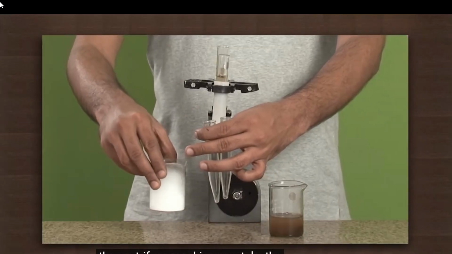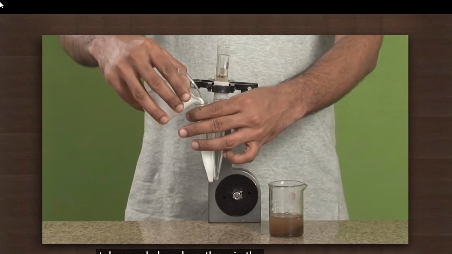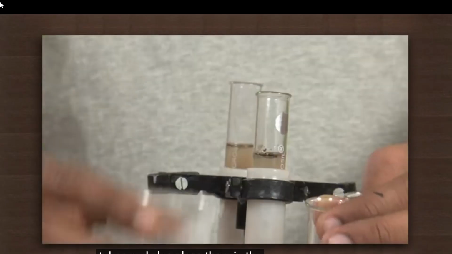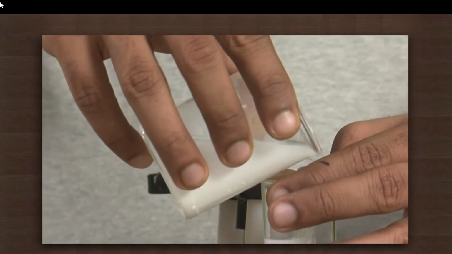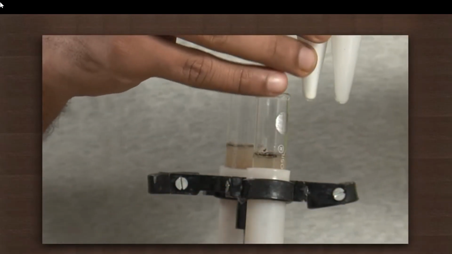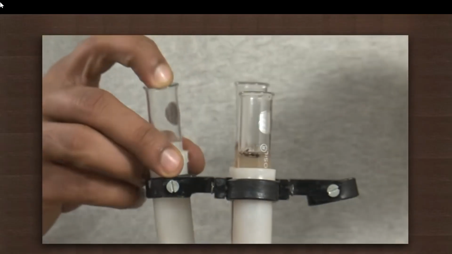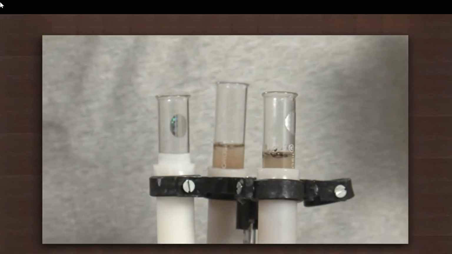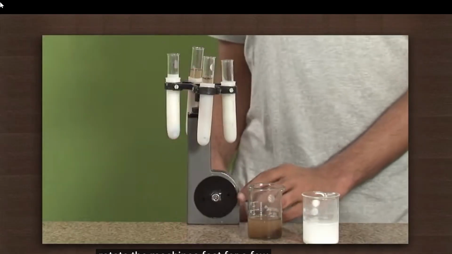Now place the calcium carbonate mixture in the test tubes and also place them in the centrifuge machine. Rotate the machine fast for a few minutes.